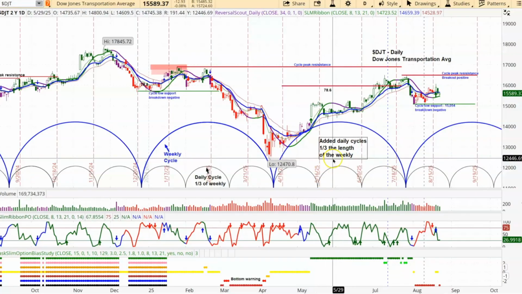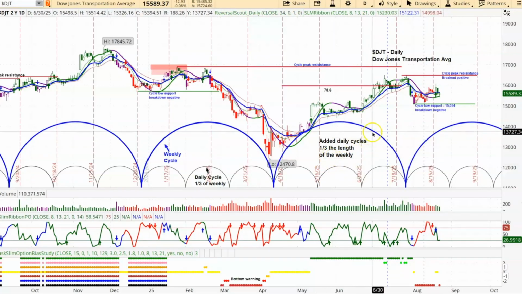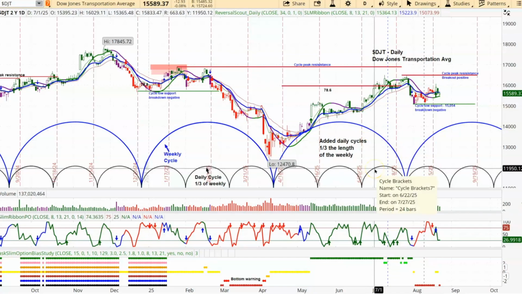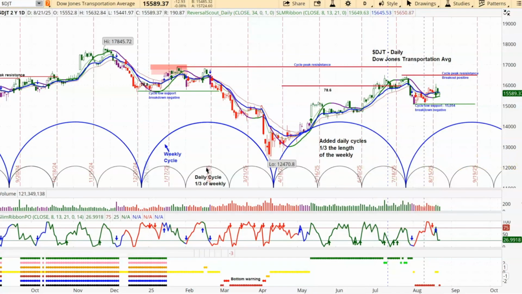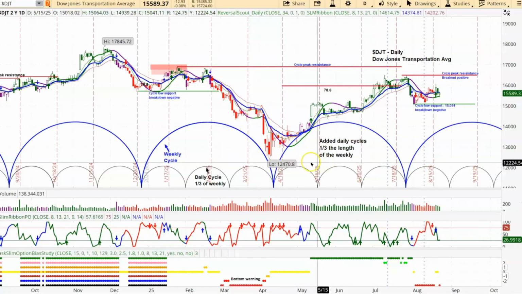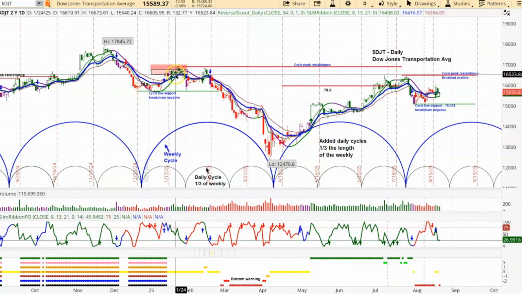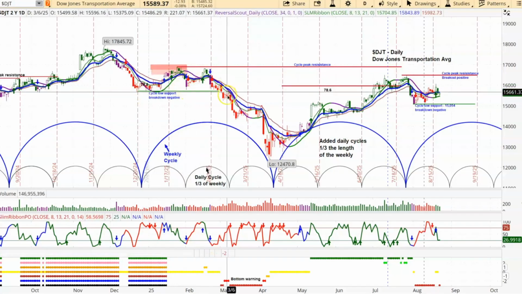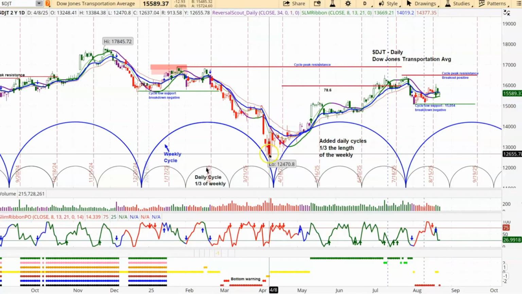So on the daily, as I bring it over, it's 72 bars right over there, and it breaks down into 3 24-bar cycles. Now, those are average cycles. Doesn't mean everyone is going to exactly have its trough at the right spot. This one happens to be perfect. As you see, the trough right over here, and then the trough right over here, and then the trough here.